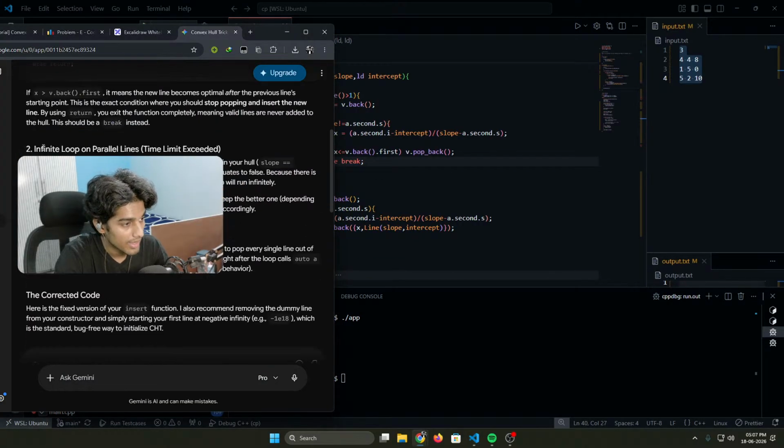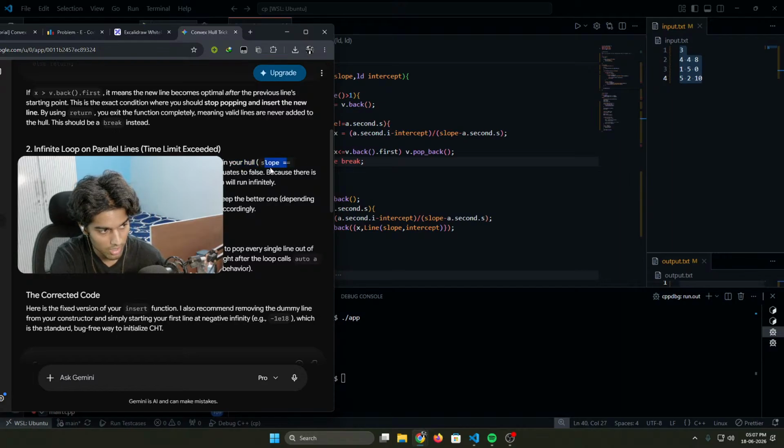Yeah. Infinite loop on parallel lines. Try to insert a new line with the exact same slope as your last line in your hull. It evaluates to false because there is no else block to pop the line or break the loop. But will I pop?